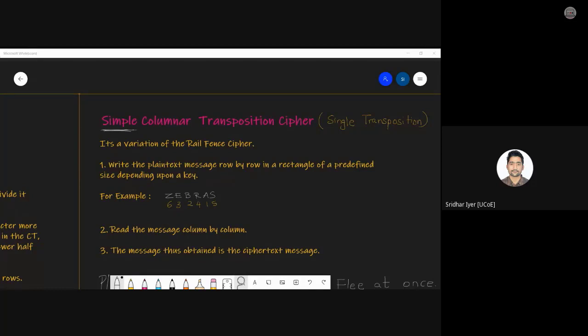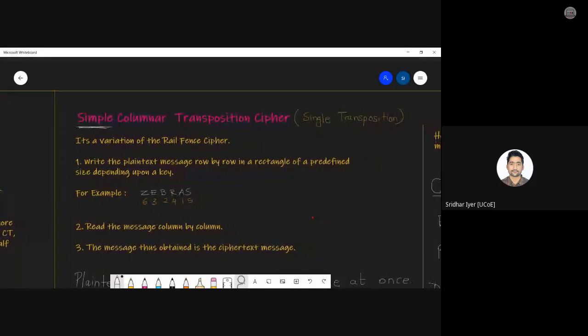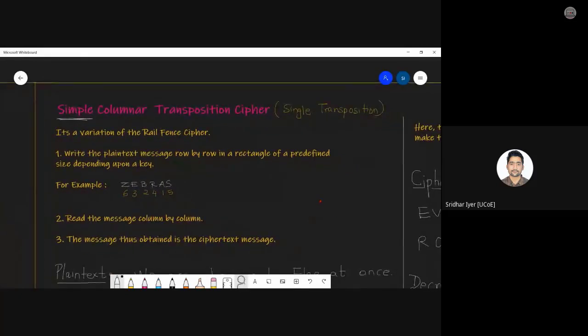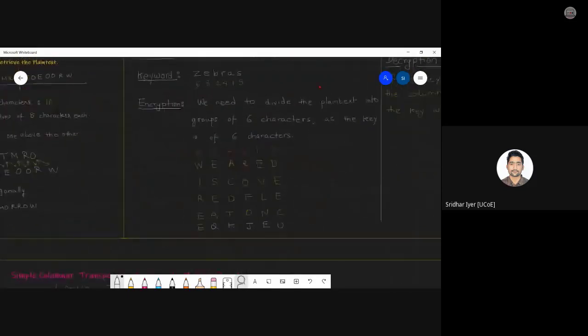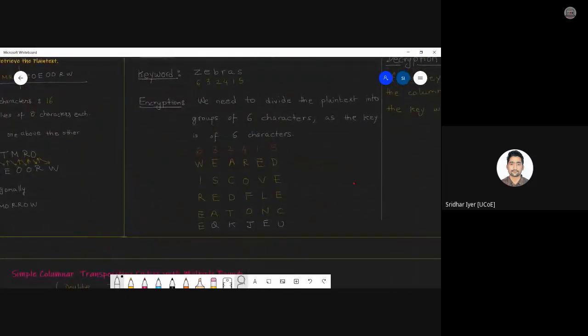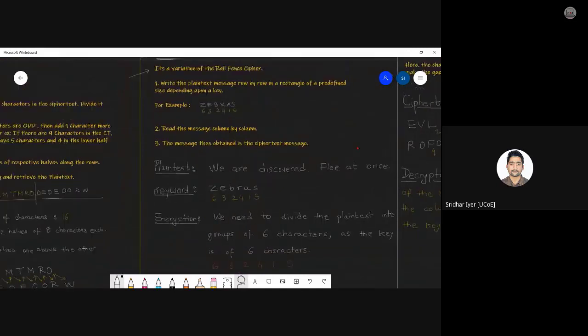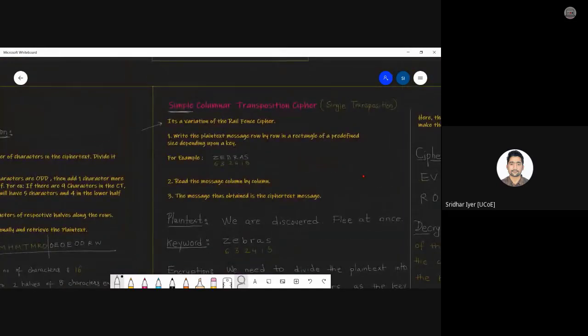Fine. So let's start with the next topic, which is what we call a simple columnar transposition cipher. What happens in this cipher is, it's again based upon some concepts which are derived from the rail fence cipher. Now don't confuse this with your Playfair cipher, although they look similar, but they are not. We are just starting with the very first module.